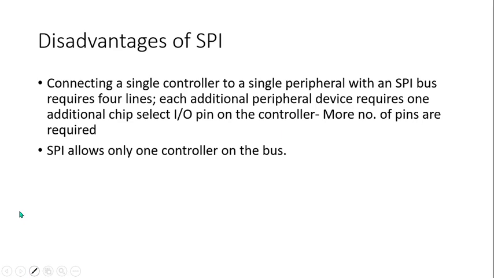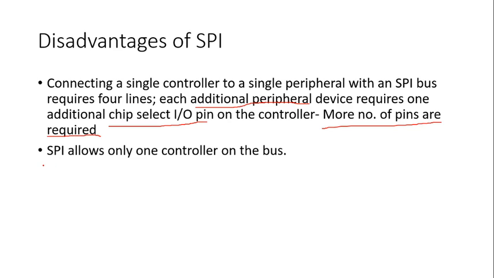It means for every additional peripheral we require one IO pin, and hence as we go on increasing the peripheral devices in the system, the number of pins required for the system goes on increasing.